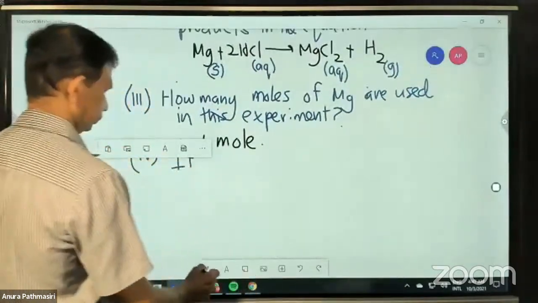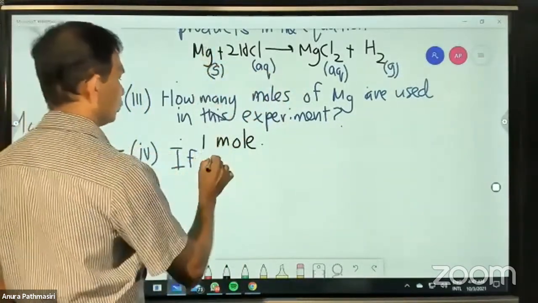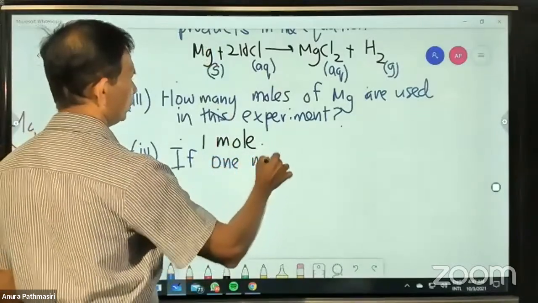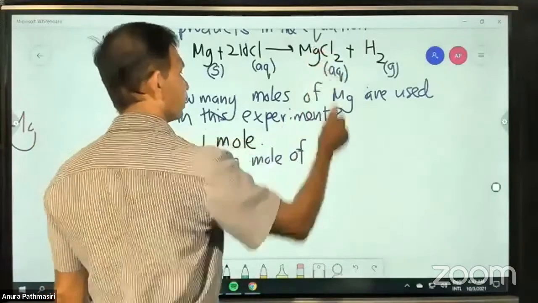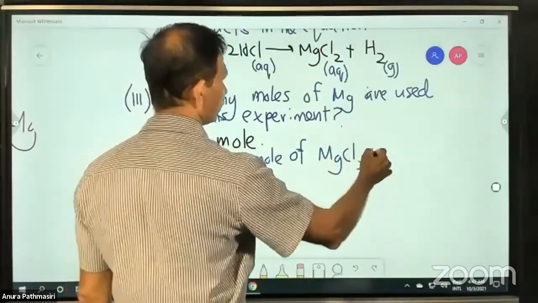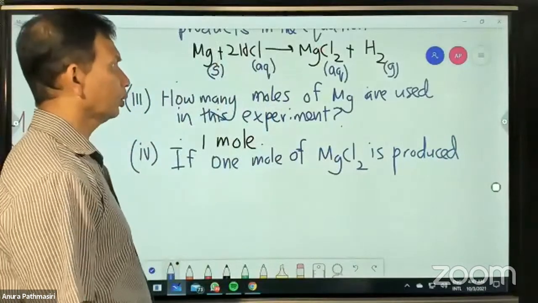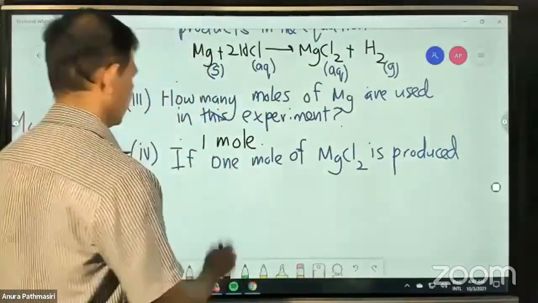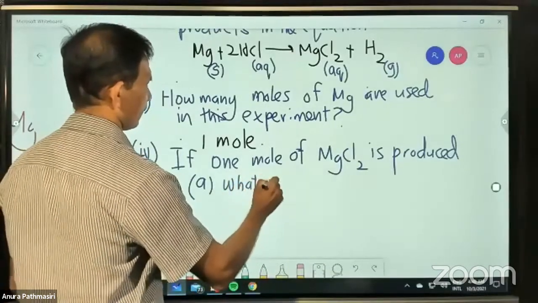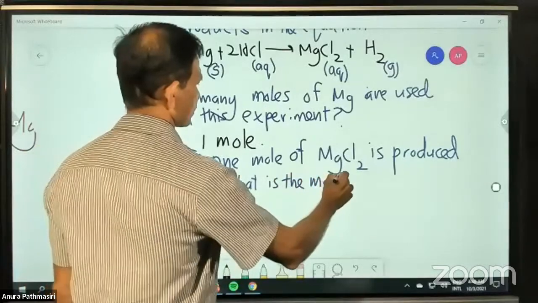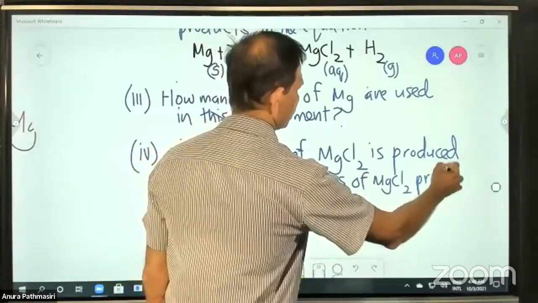Very simple question. If 1 mole of magnesium chloride is produced, what is the mass of magnesium chloride produced?